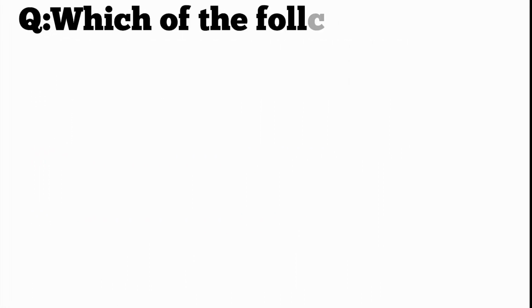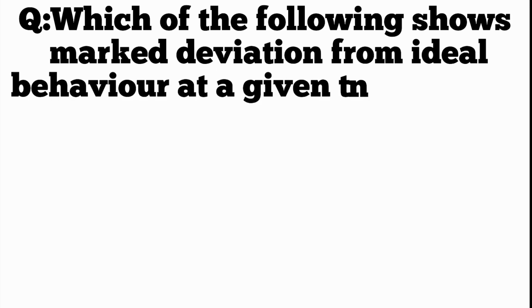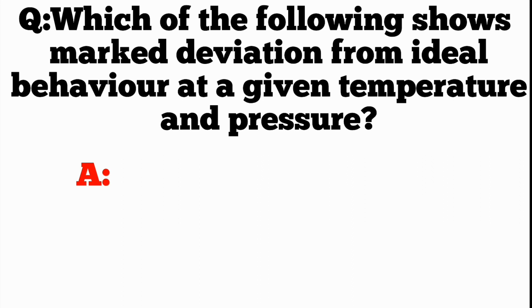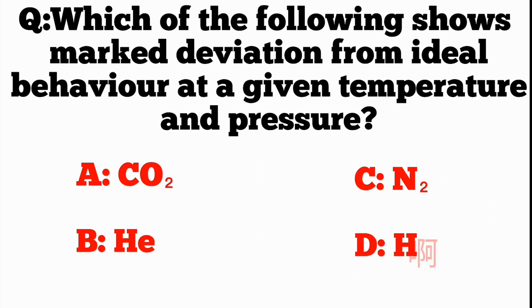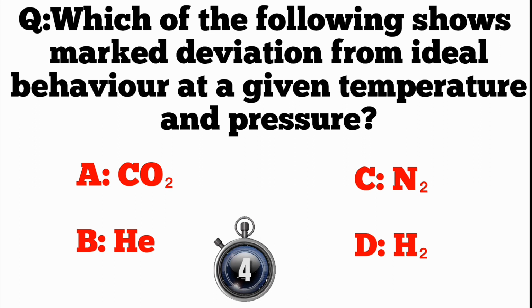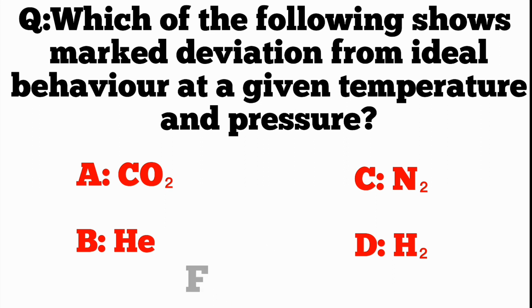Q. Which of the following shows marked deviation from ideal behavior at a given temperature and pressure? A. CO. B. He. C. N2. D. H2. Ans.